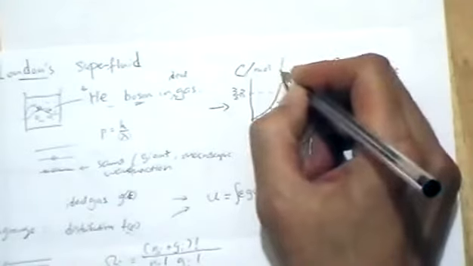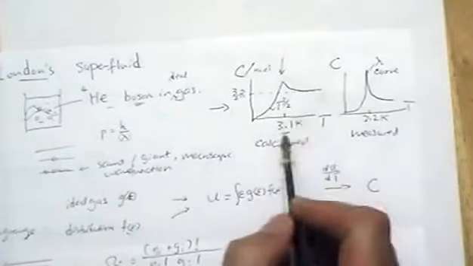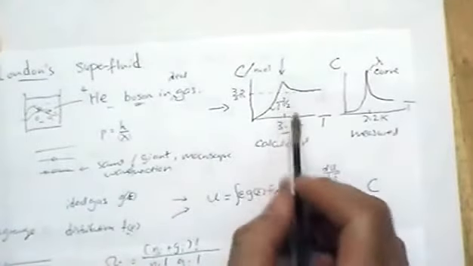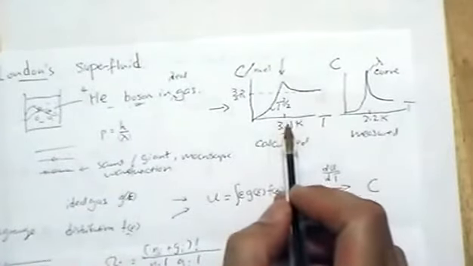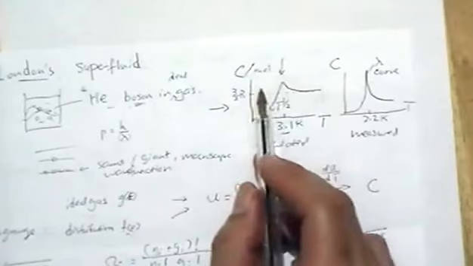Now there's a simple physical reason for why it suddenly decreases. If you remember how the condensation temperature was described, it was a temperature below which particles start condensing into the ground state.